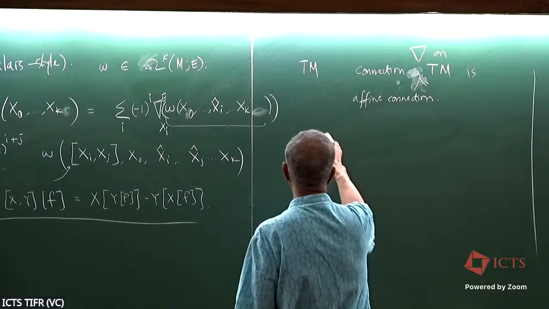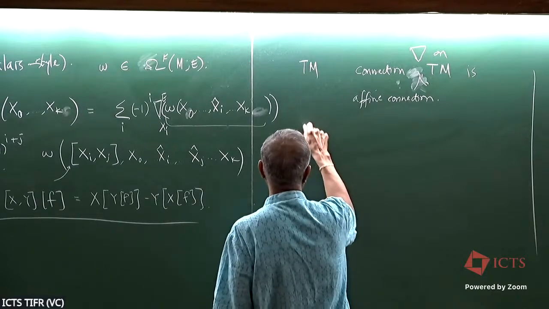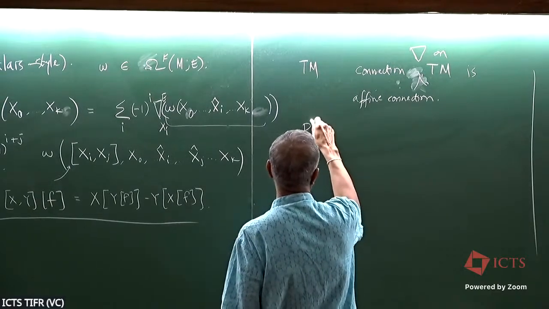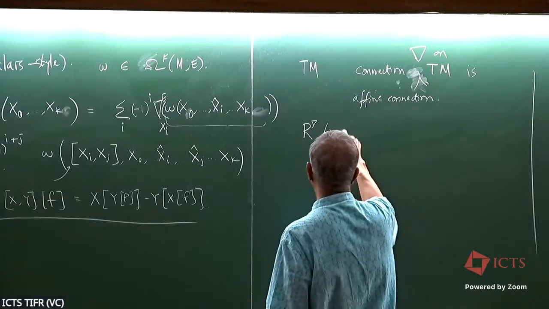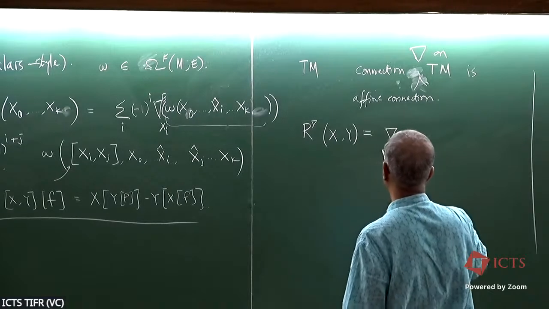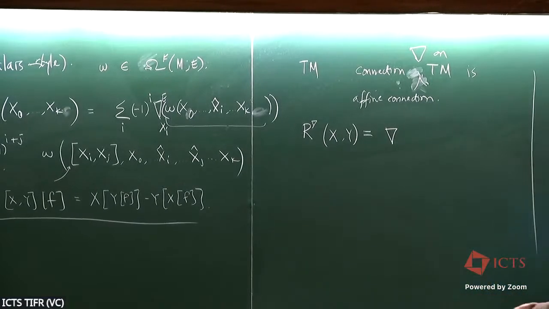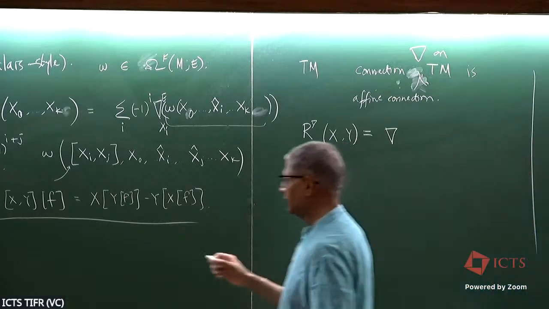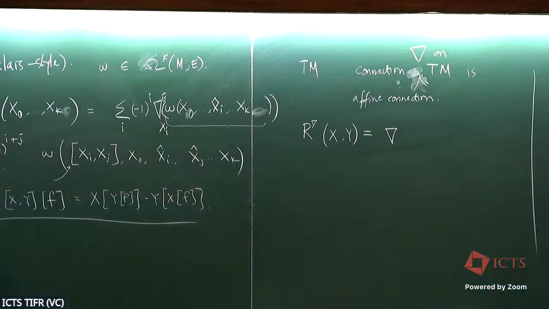So if you have that, then the curvature R of this connection nabla, you may or may not have realized, is actually an endomorphism valued 2 form. So I will write those words and explain what this means.